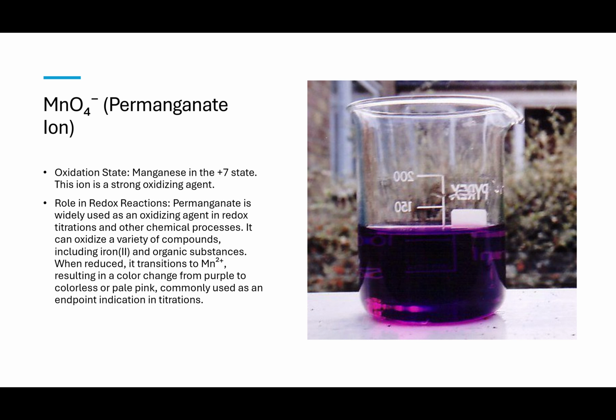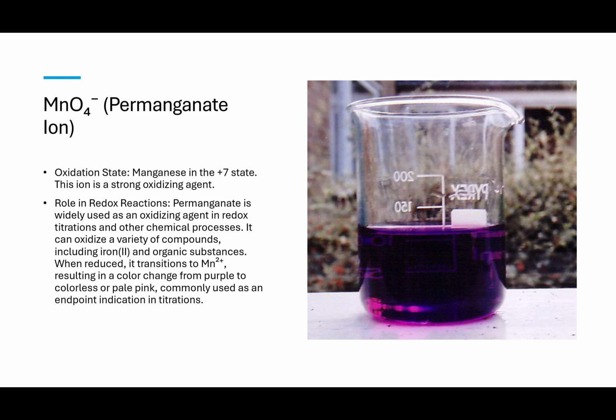So for the manganate here, manganese in this +7 oxidation state has this ion that is a very strong oxidizing agent. As we stated before, it is also used readily in redox reactions and other types of chemical processes. We generally use it to find the endpoint of something, or we use it to oxidize different things.